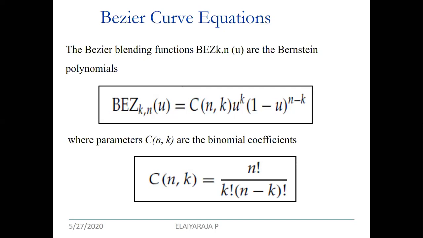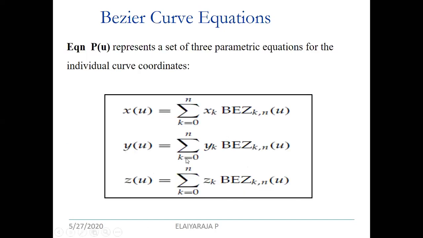Okay, so here the equation says that the control point of u represents a set of 3 parametric equations for the individual curve coordinates. If you are going to use x and y points, then z is going to be 0. If you are going to use all 3 coordinates x comma y comma z, then the curve coordinate equations are like this: x of u is the sum for k equal to 0 up to n of xk, which defines how many control points we have.